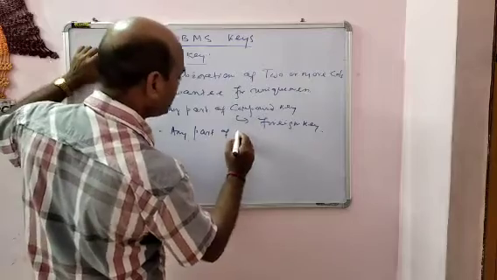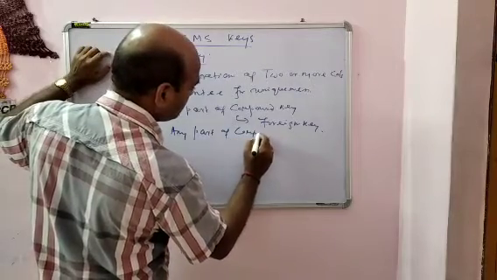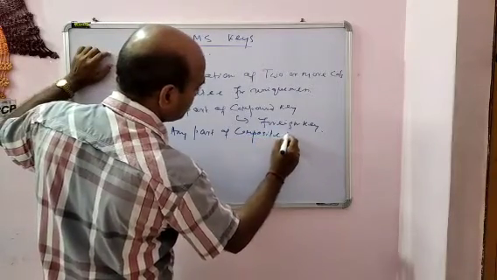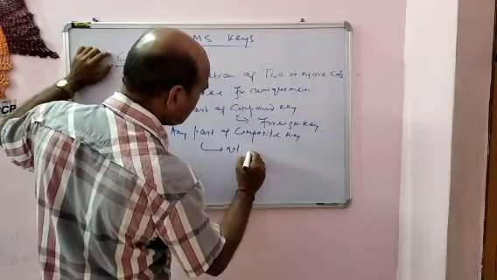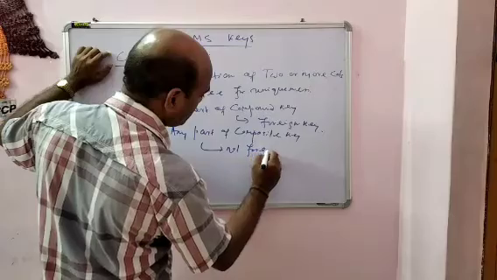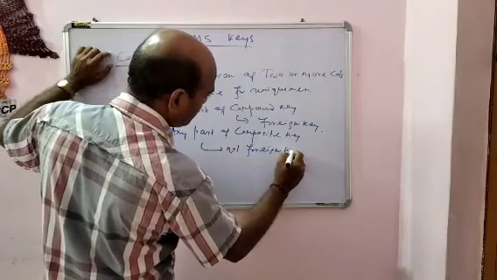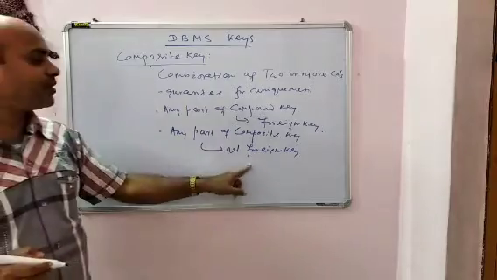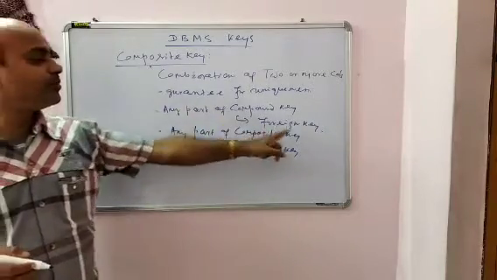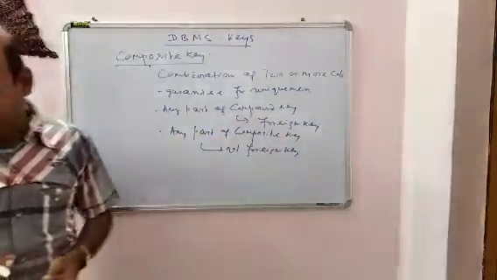So the part of the composite key cannot be a foreign key, but part of the compound key can be. The rest is all the same.